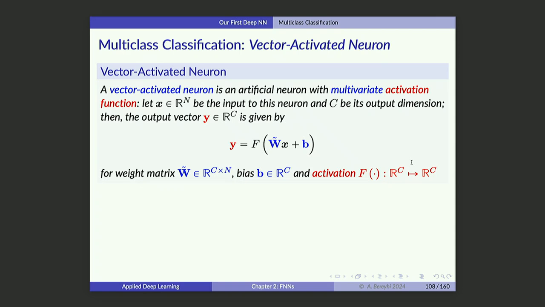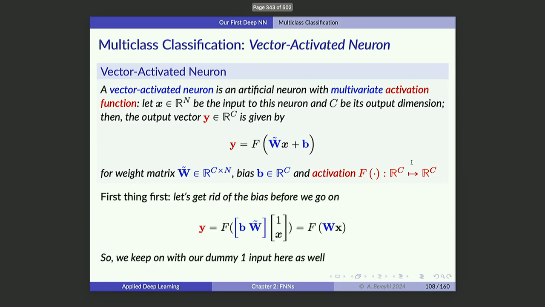So it gets a vector of inputs, computes a linear transform exactly like an artificial neuron, and then activates it. Everything is as before, but instead of a single-dimension output, it now has a multi-dimension output. Clear? Now, first thing first, if I have this matrix here and this bias here, do you think that I need to keep both of them? No, I can always get rid of that guy with this dummy input 1, right?